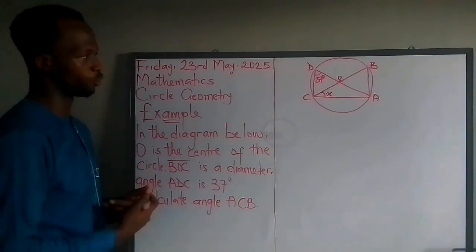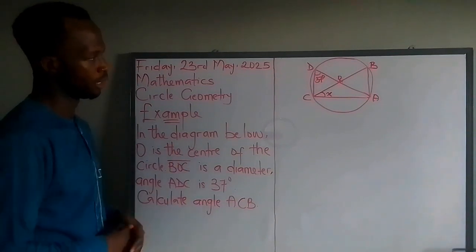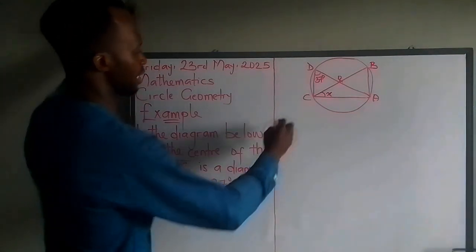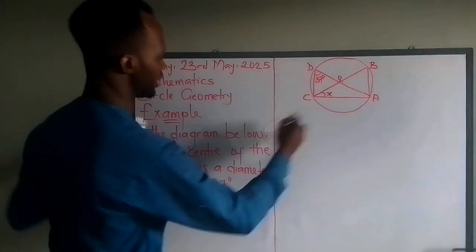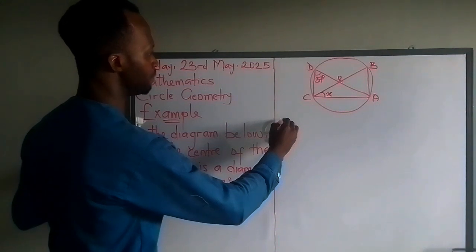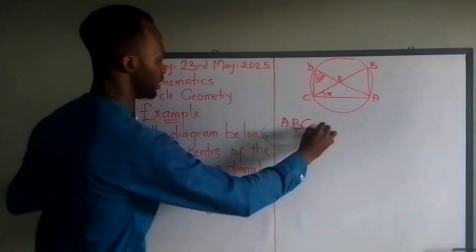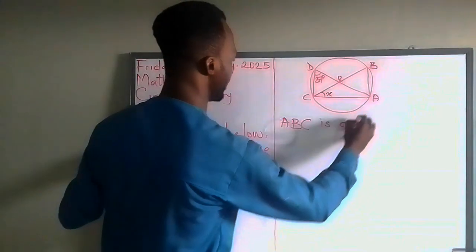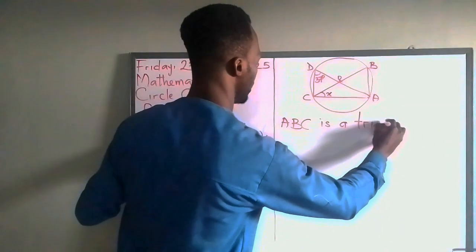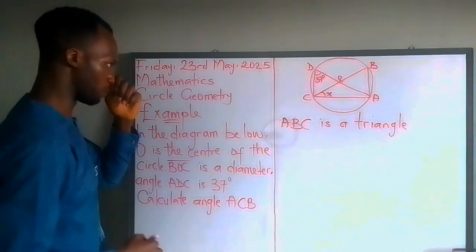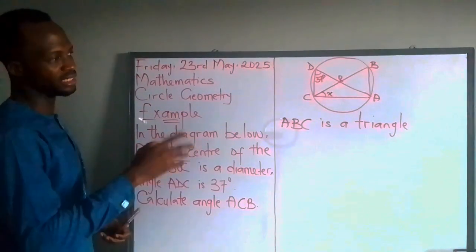Now, one thing about geometry is once you know your theorems, there's no need for long calculations. First thing is that we can see that ABC is a triangle. So first thing to take note of, ABC is a triangle.